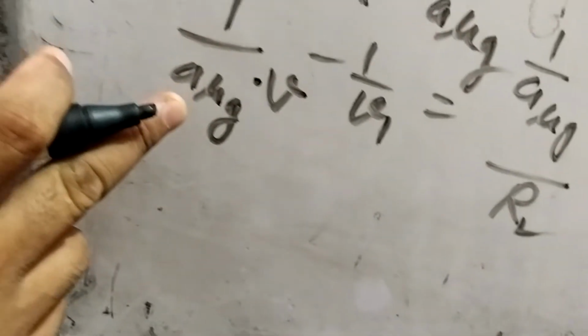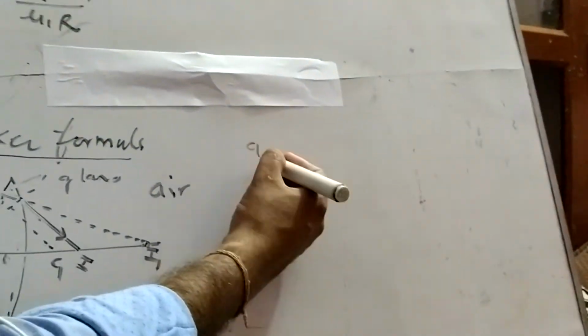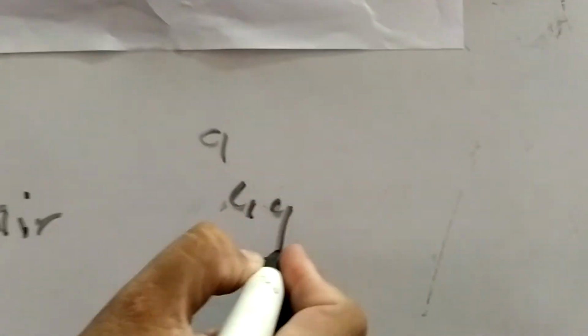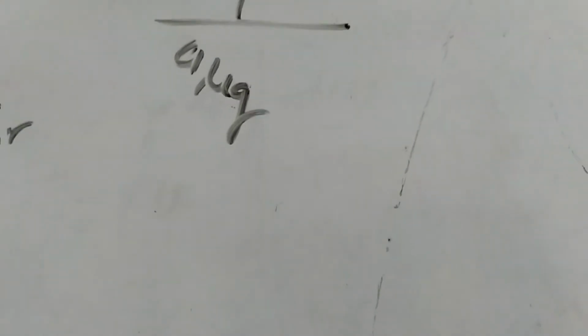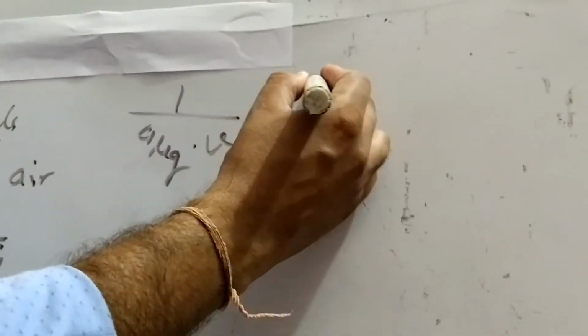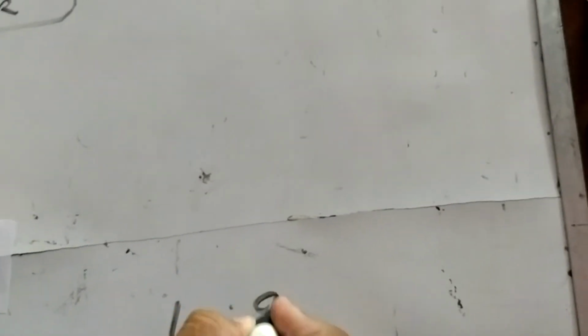Now we can multiply and divide by aμg here. So 1 upon aμg into 1 upon aμg into V minus 1 by V1 is equal to 1 minus aμg upon aμg into R2.